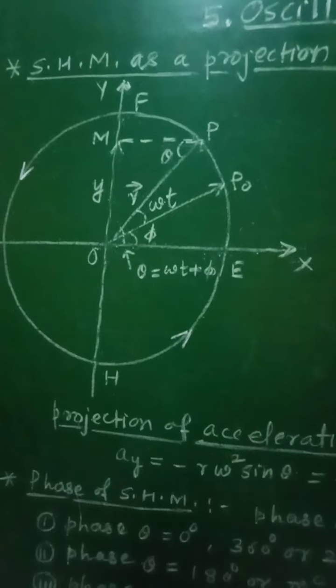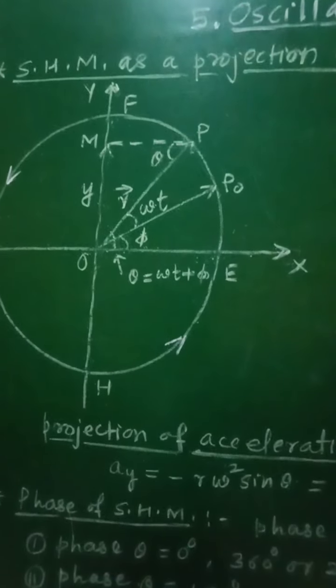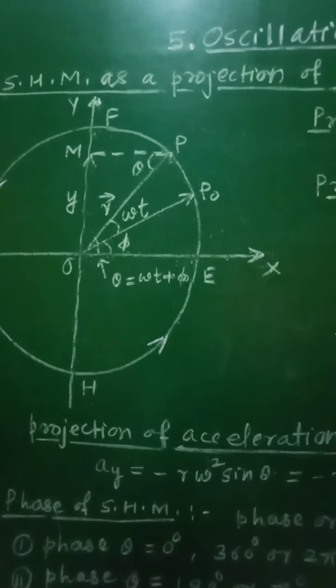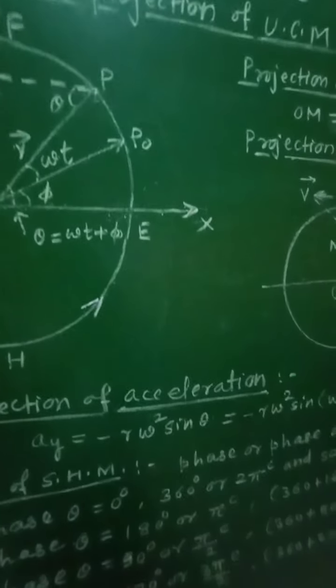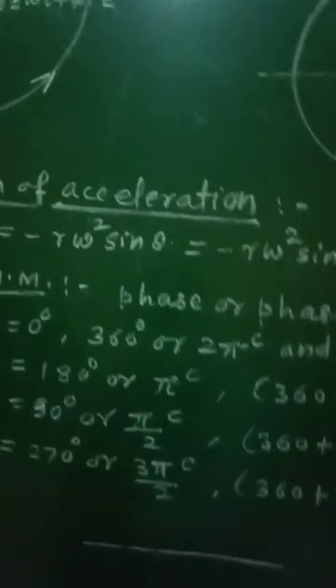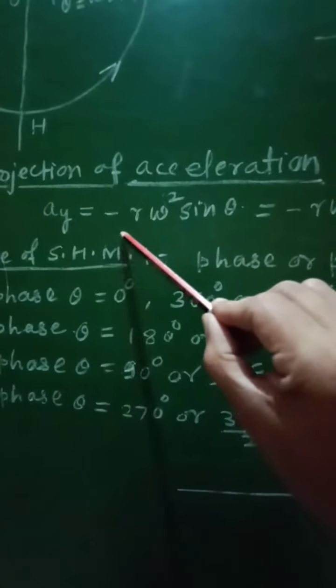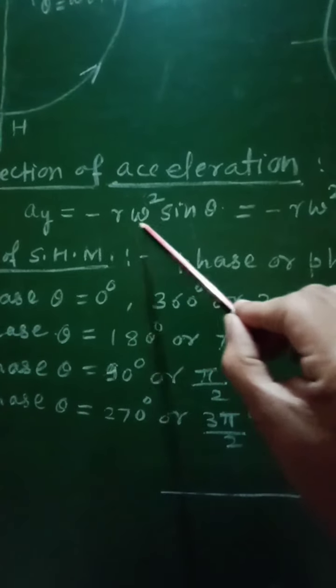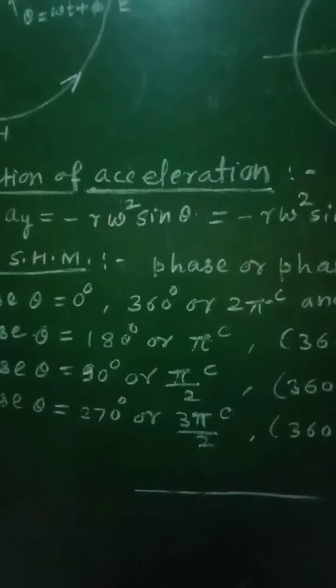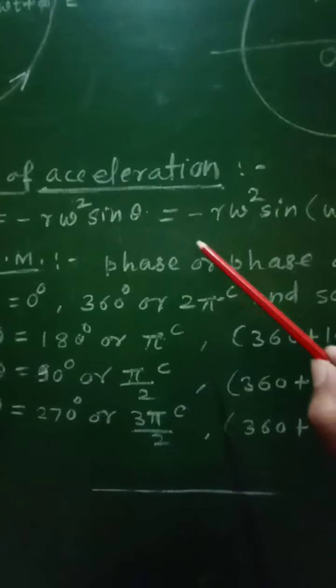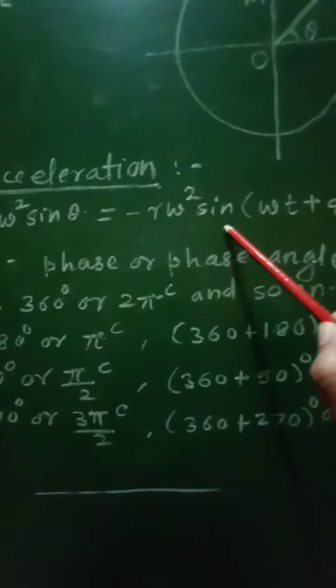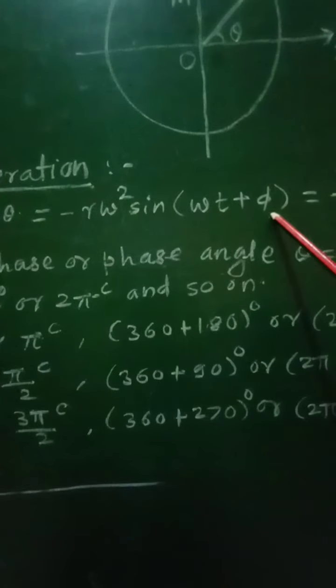Therefore, for the projection on the reference diameter, the radial or centripetal acceleration will be given as a y equal to minus r omega square sine theta. That will be written as minus r omega square sine of omega t plus phi.